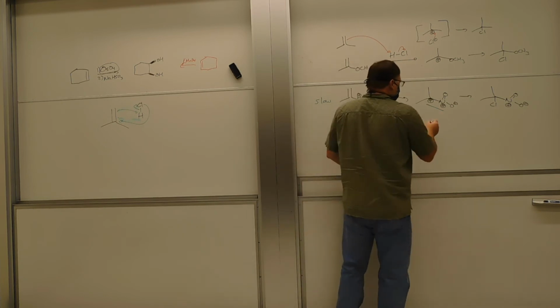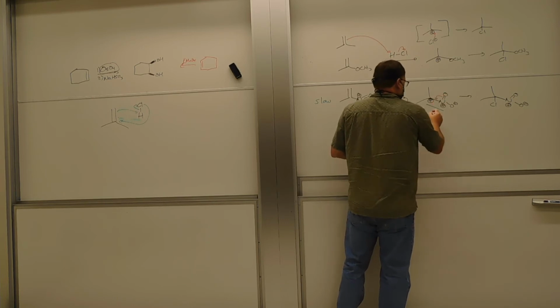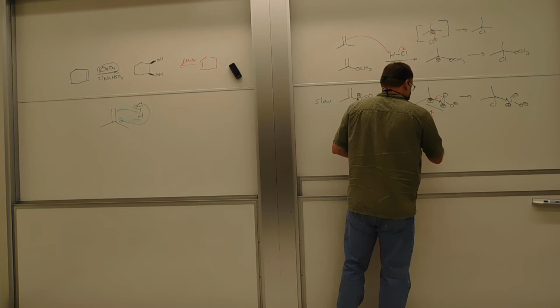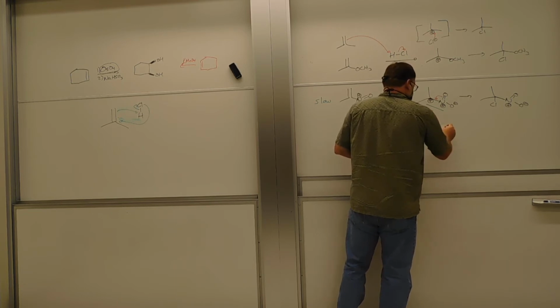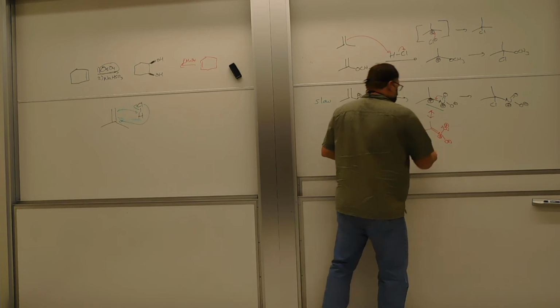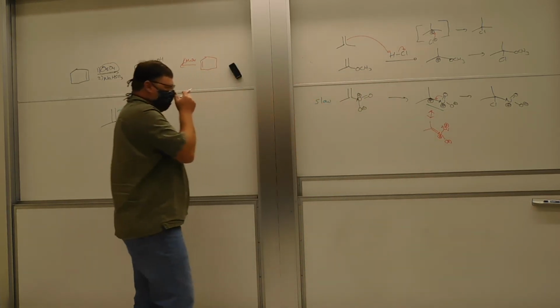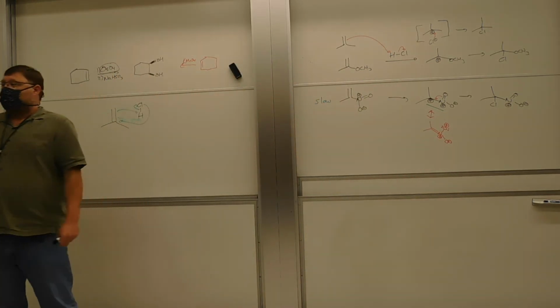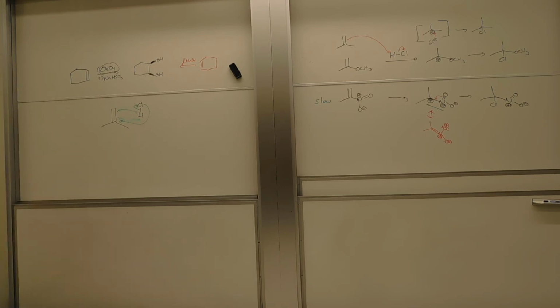And you can actually draw a resonance structure here that's really bad. Again, you wind up with a plus nitrogen bonded to a plus O. That plus O is not just a normal plus O. You'll see this in a minute.